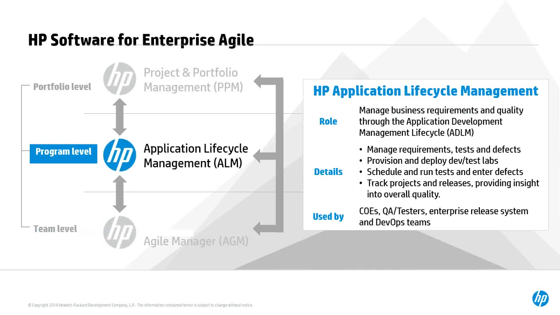At the program level, when you're looking at the overall larger project, HP's application lifecycle management helps manage your business requirements and indeed your other requirements, as well as the information on your tests and your defects. In fact, Agile Manager and ALM are designed to work together, especially when you're looking at some of these hybrid projects, for passing information in and from each other.